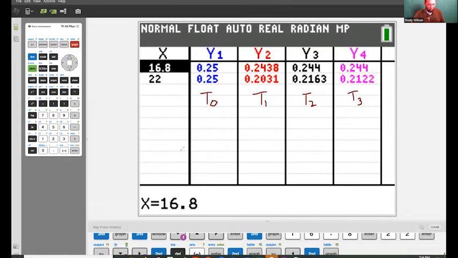Notice that 1 divided by the square root of 16.8 is, this top one would be 0.24398, etc. So this is 1 over the square root of 16.8.